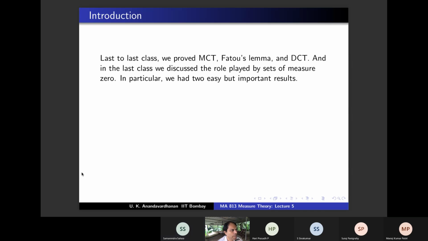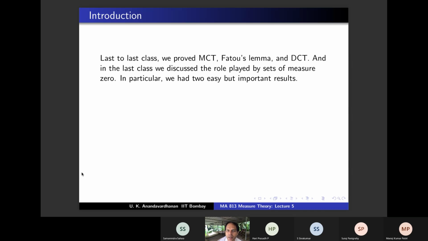And that means what? First of all, we have to show that something has measure 0. So that set has measure 0. And there was one more idea: we interpreted it in terms of a function taking the value infinity.